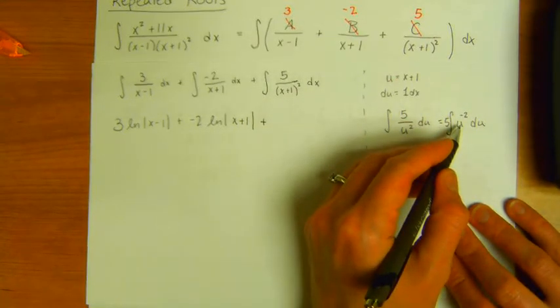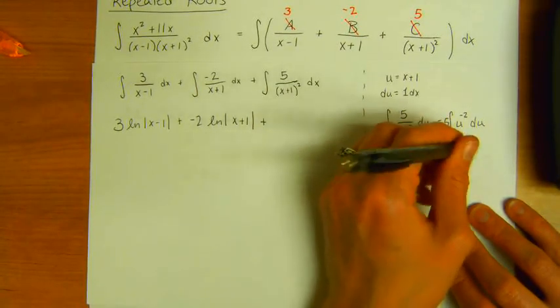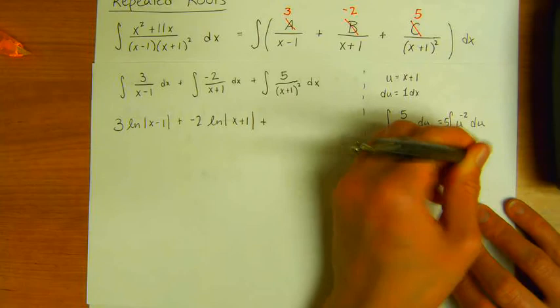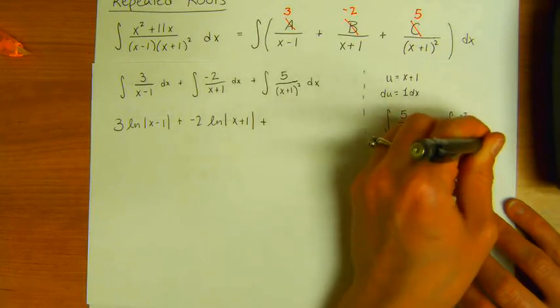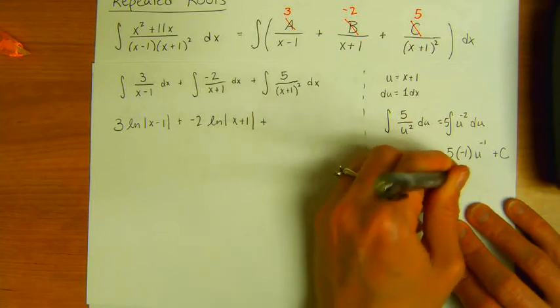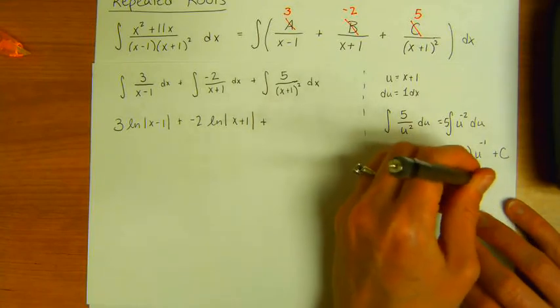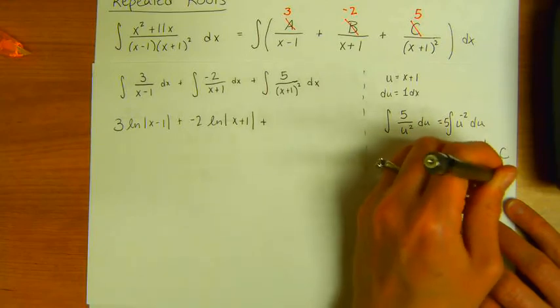So when I integrate this, this becomes 5 times negative 1 times u to the negative 1 plus c, which is negative 5. And recall, what was u? x plus 1 to negative 1 plus c.